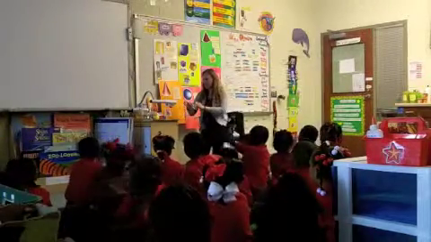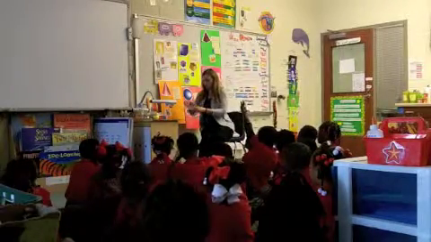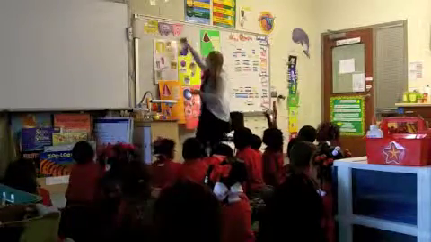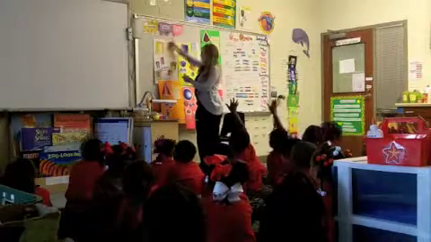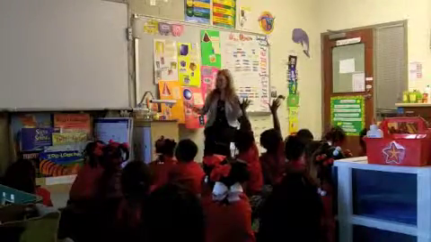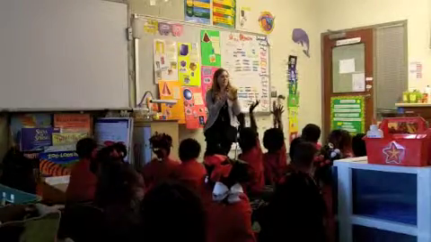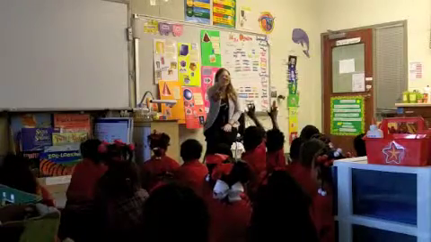This is called a cylinder. Good. And I have the word cylinder to put up there for you. Here we go. So, a shape that has a circle on the top, a circle on the bottom, and no points is called a cylinder.